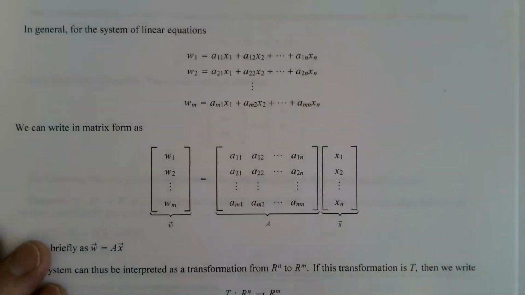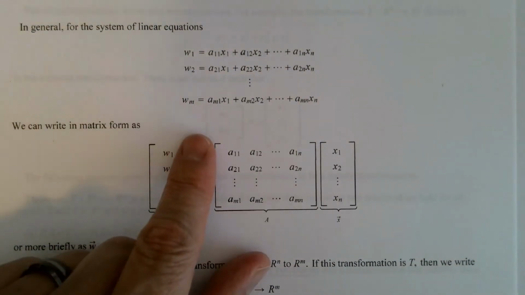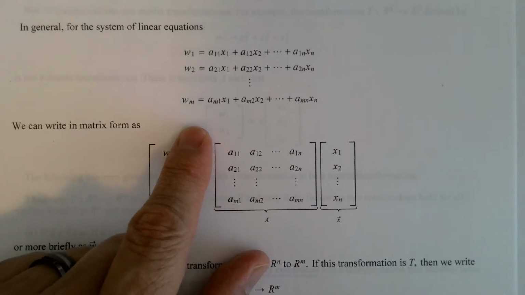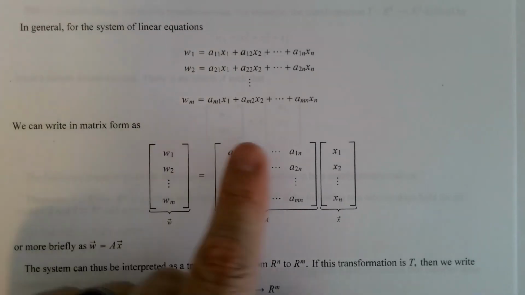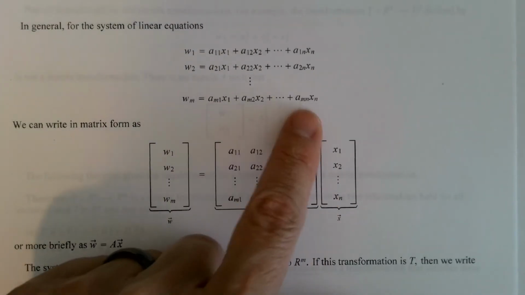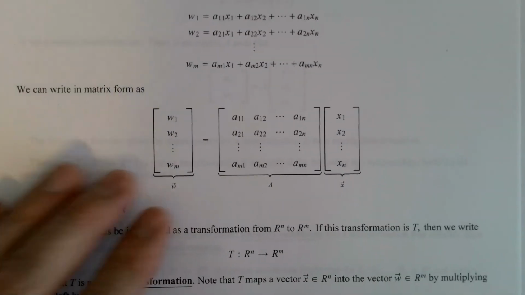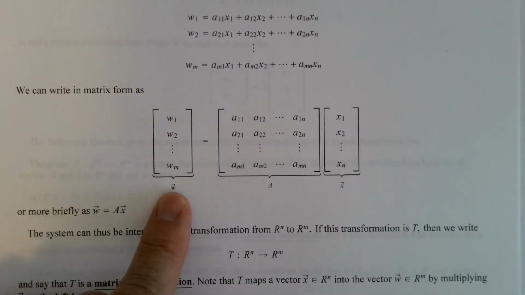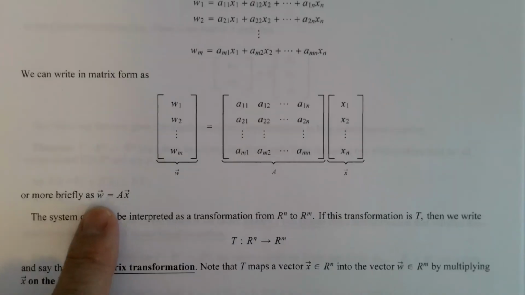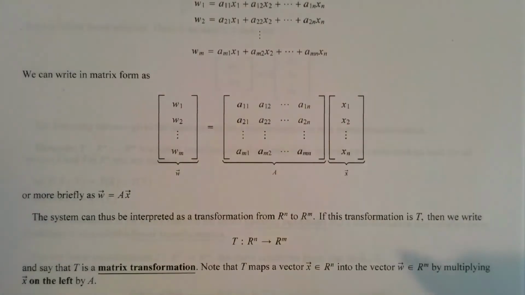So in general, if we have this system of linear equations, we have m equations in n unknowns, x1 through xn are the unknowns in a sense, then we can rewrite it in this form, or more briefly, w equals Ax. And the system can be interpreted then as a transformation. From where?